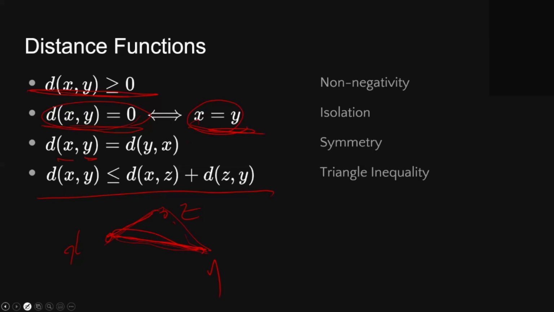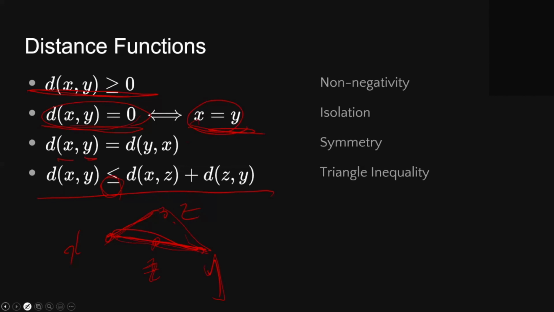And notice the equal sign in this inequality. The detour has the same distance as the direct shortcut only when the point of detour, z, is on the line connecting x and y.